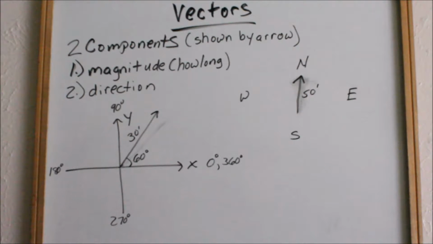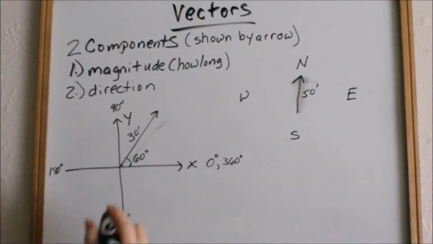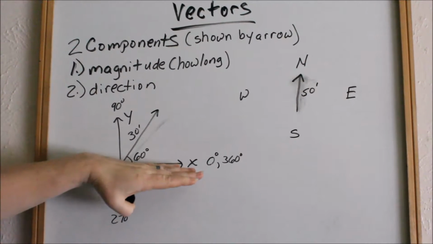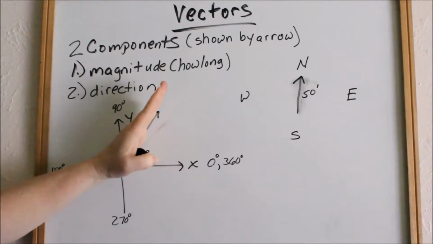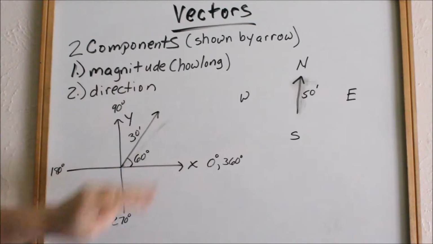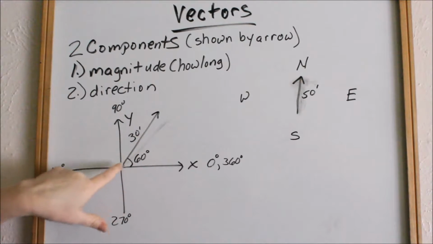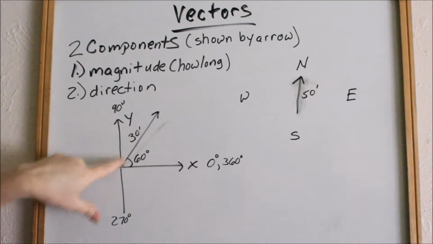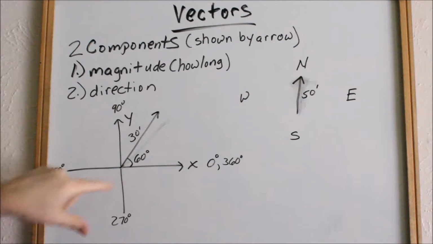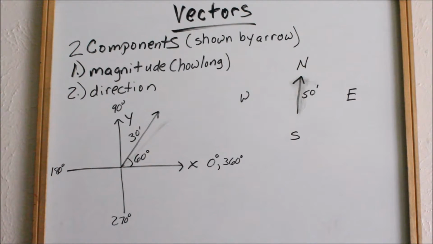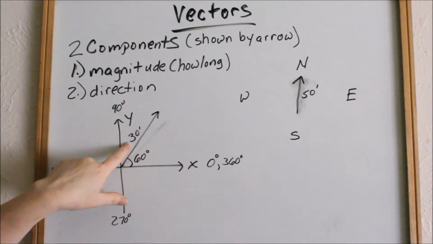Remember, there are 360 degrees in a circle. So if I start here and rotate up to there, I went 60 degrees. So this vector is 30 feet, and the direction is 60 degrees. This is the direction, this is the magnitude.